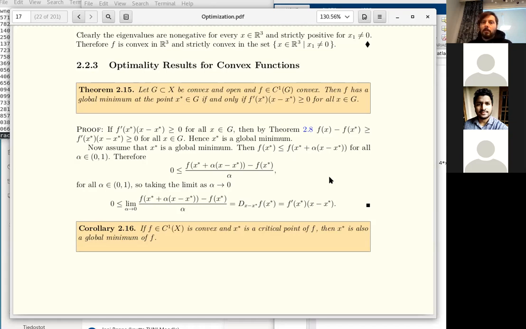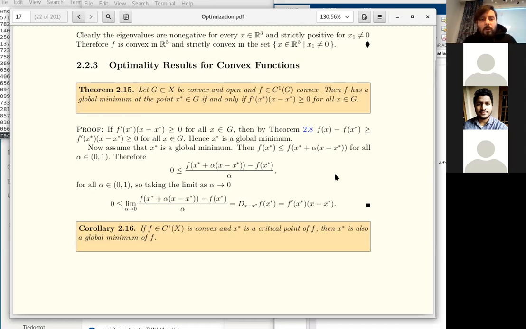This is from the theorem that we discussed: the directional derivative is simply the gradient's dot product with the vector into which we are moving, which is then f prime at x star times the vector x minus x star. So this is an if and only if.